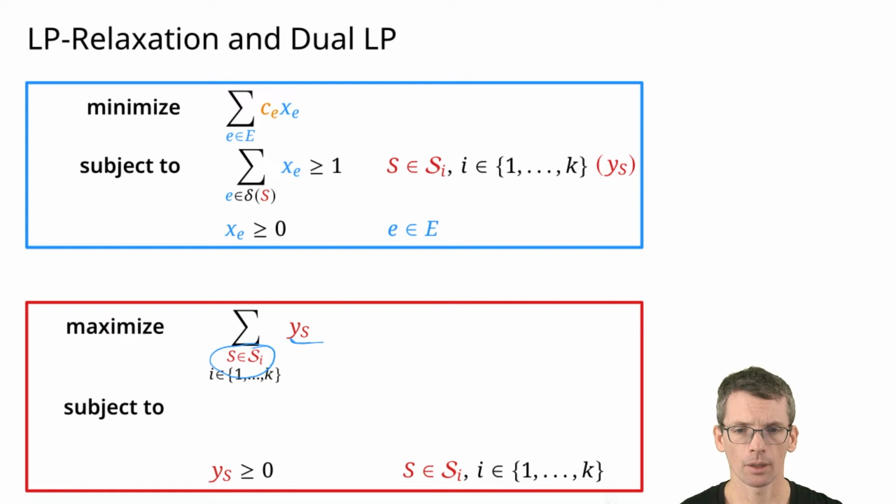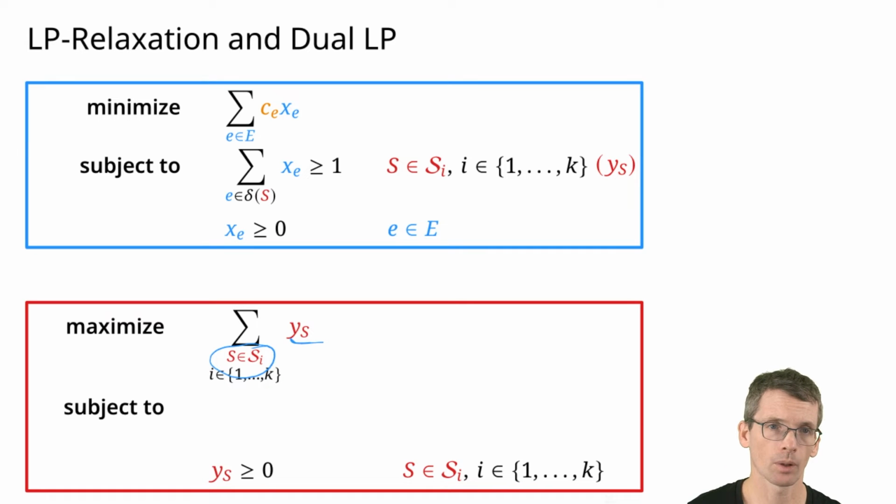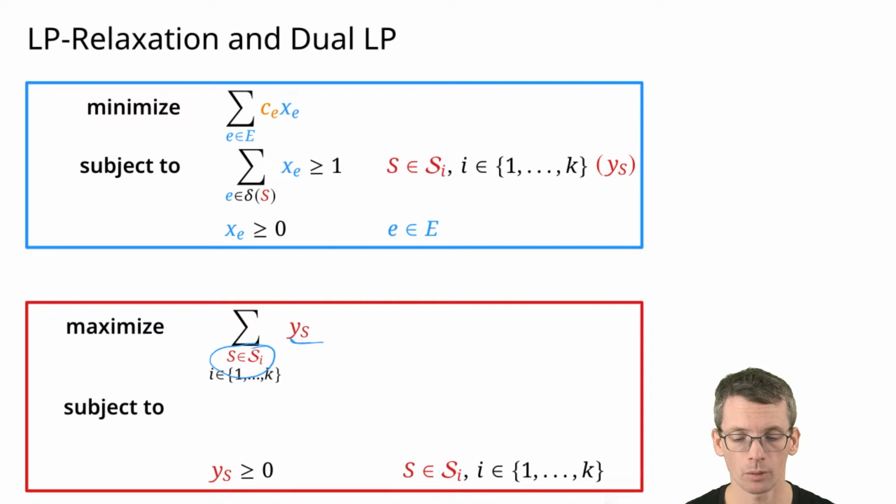And now for every variable in the primal, I get a dual constraint, and the b in the dual corresponds to the c, so the coefficients in the objective function in the primal.